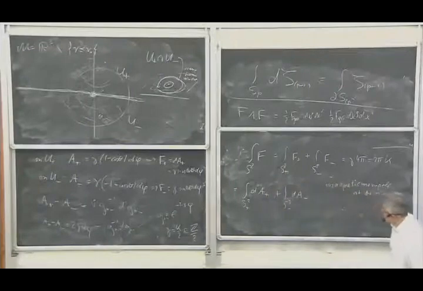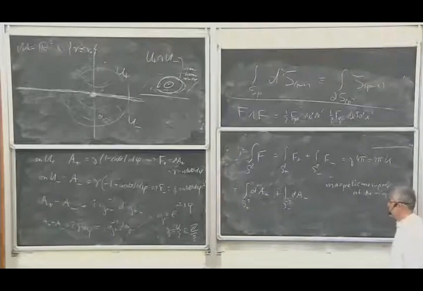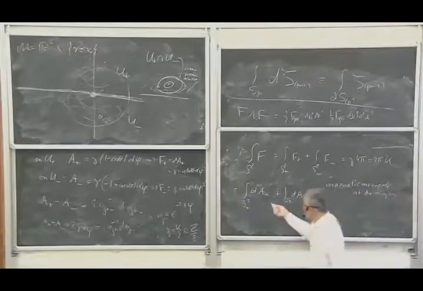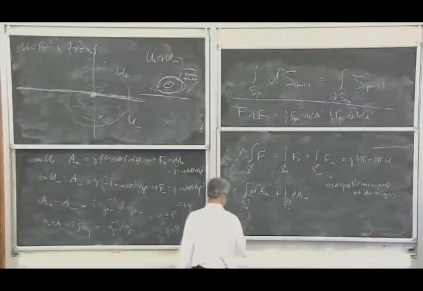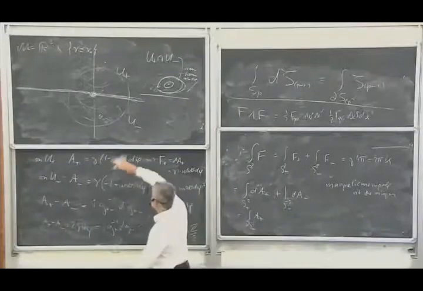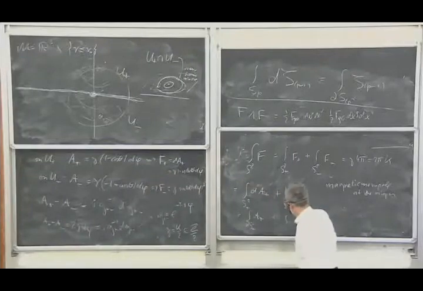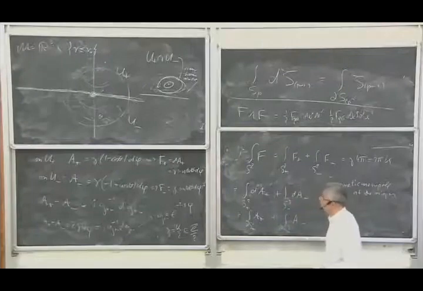So now I have two integrals of two exact forms, d something, and I can use Stokes' theorem. So this is the integral of A plus over the boundary of the upper half sphere, and this is the integral of A minus over the boundary of the lower half sphere.